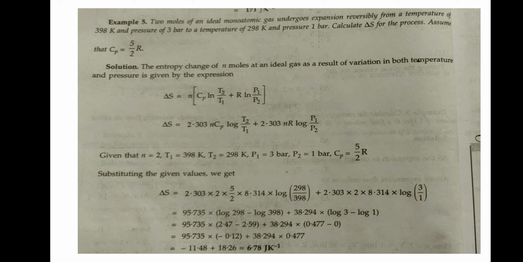We are given all the data. So on putting the values and using the logarithmic expressions, we can get the value of delta S. So in this question, the delta S calculated is 6.78 joule per Kelvin. Have a look at the calculations.